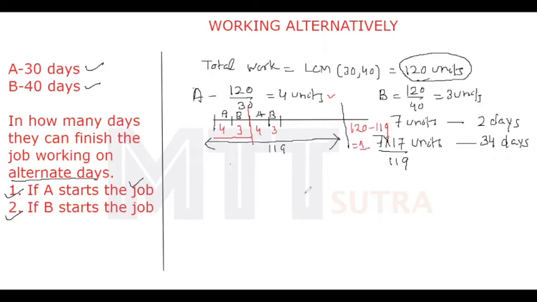If 1 unit of work is pending, who will come? Since A started the job, by this cyclicity on the 34th day, B will be working. On the 35th day, who will come for work? That is A only. So A does 4 units of work in 1 day, but the pending work is 1 unit. So how much time is required by A to complete the job? That is 1 by 4 days.